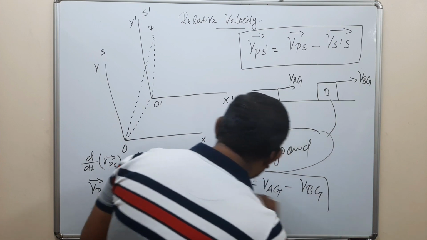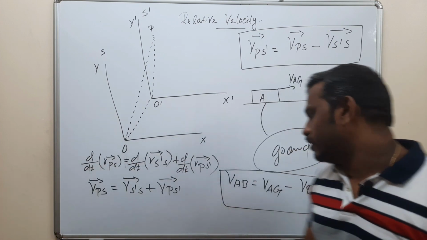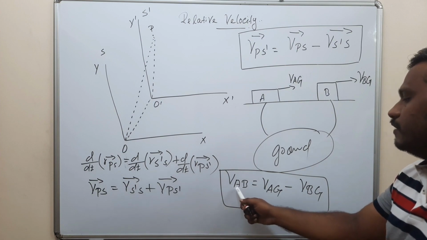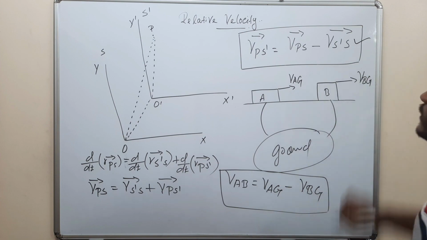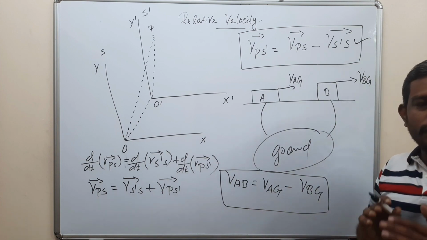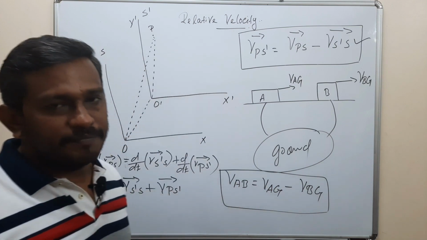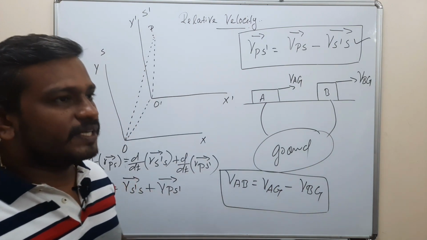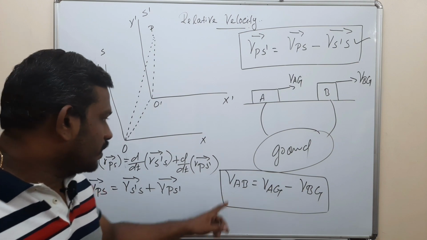So this gives the relative velocity of A with respect to B. If you know the velocities of two objects with respect to a common frame, ground, then we can find the velocity of one object with respect to another object.